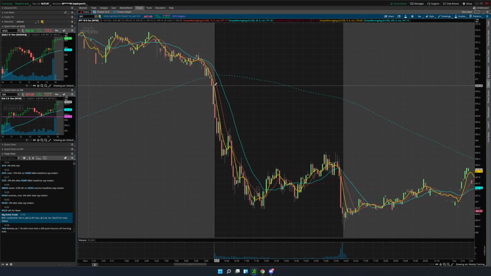To give you some idea, the slow signal would have given you a signal that morning at 7 a.m. So pretty early, right? 7 a.m. is over here. At 7 a.m., it triggered a sell signal. And that sell signal turned strong at 9:35, so the first 5 minutes of the day made that sell signal strong.